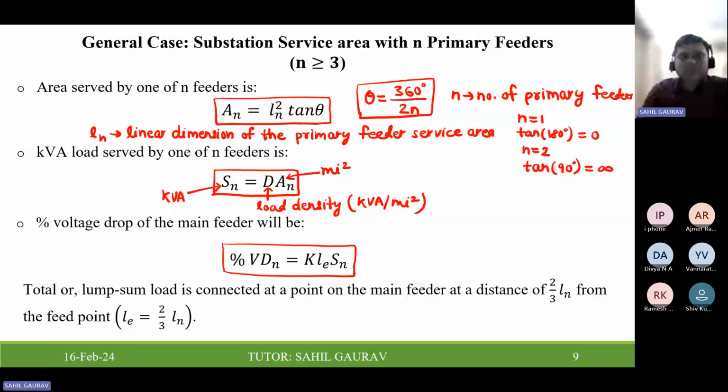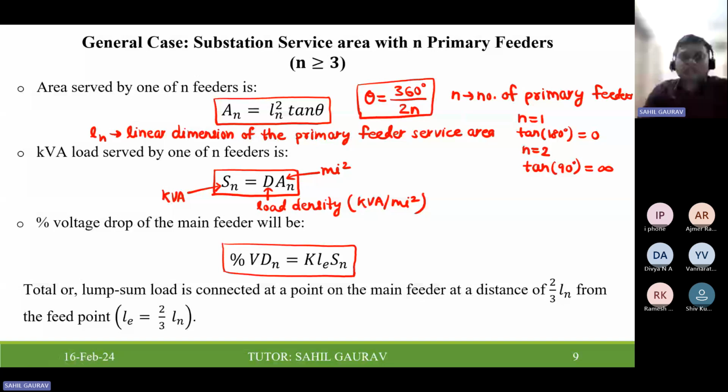This is because the expression of area served by one of the feeders is n equal to L n square tan theta, and this theta is represented as 360 degree upon 2n. Here n represents the number of primary feeders, and if you put n equal to 1, then this comes out as tan 180, which is 0. So this area will be equal to 0. So this is invalid for n equal to 1.